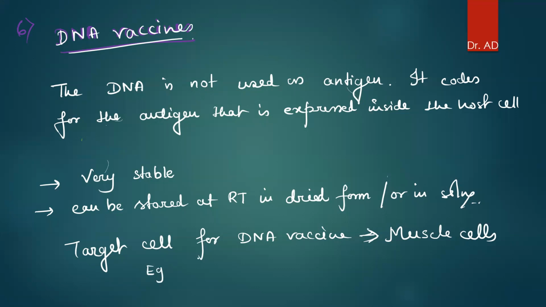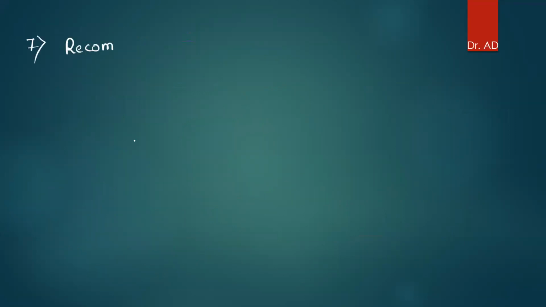Examples of DNA vaccine are, say, rabies, influenza. All these. Fine. So this was our next one in the list.